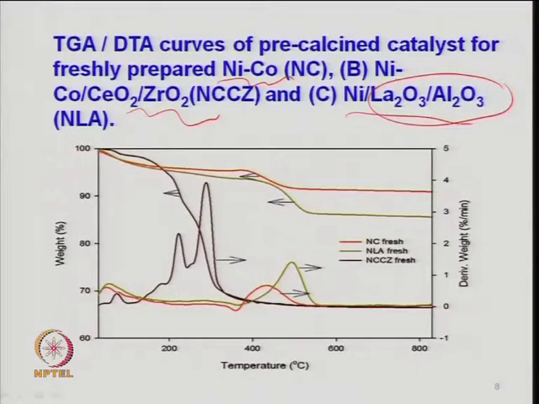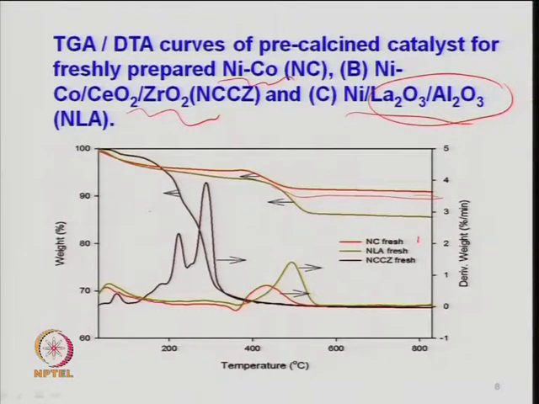So, if you look at the graphs, this is the NC, which is your nickel cobalt. So, this is the first one. This is the TGA line, right. The orange color line is the TGA of that nickel fresh catalyst, right. The second one, which is an NLA type lanthanum aluminum oxide, the TGA obtained is something like this one.